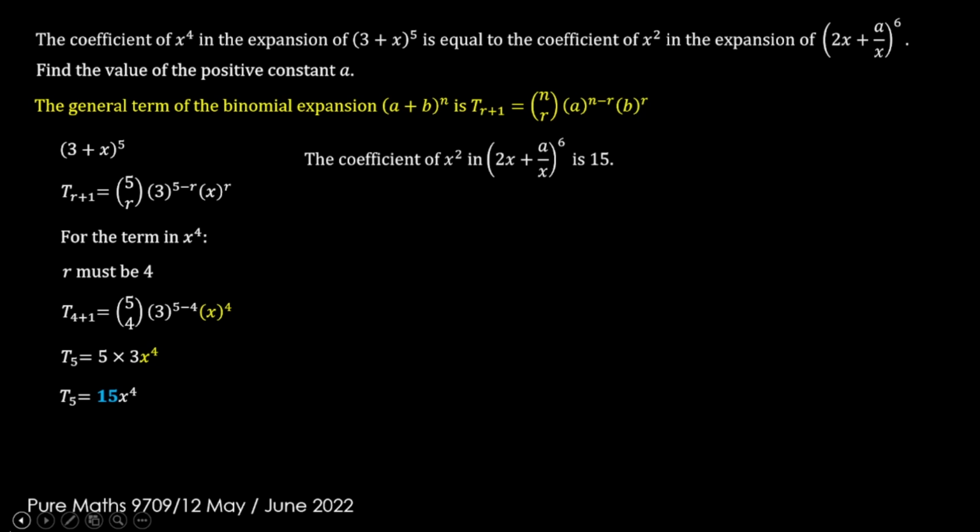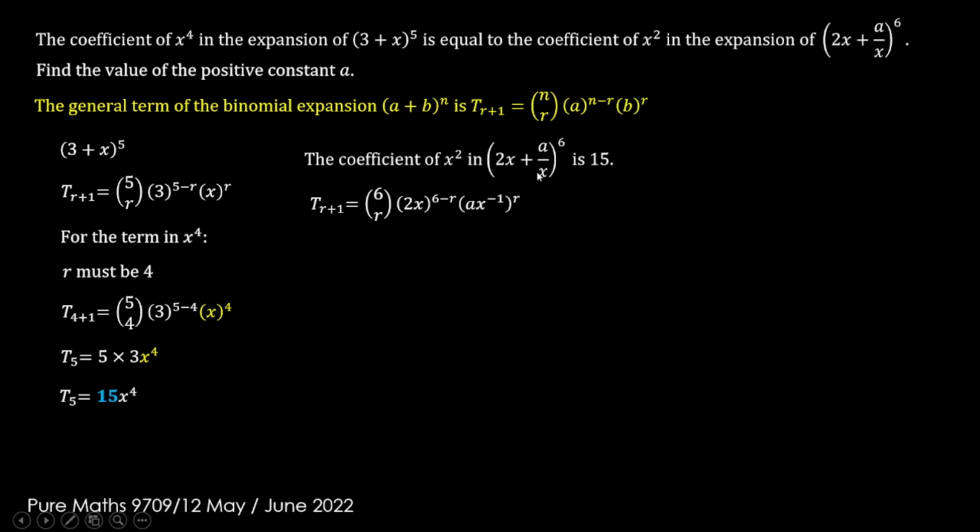And in the second part of the question, it states that the coefficient of x^2 in (2x + a/x)^6 is equal to 15. Let's use our general term again. So we have T_(r+1). Now n is 6, so 6Cr, (2x)^(6-r), times (a x^(-1))^r.